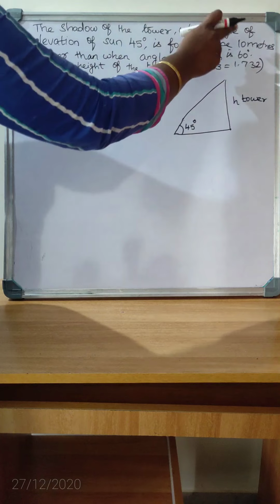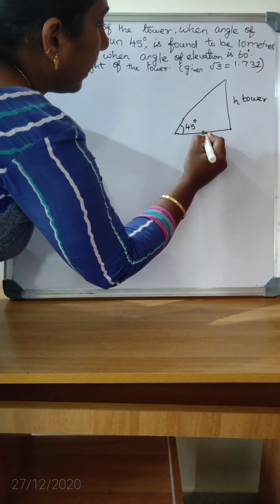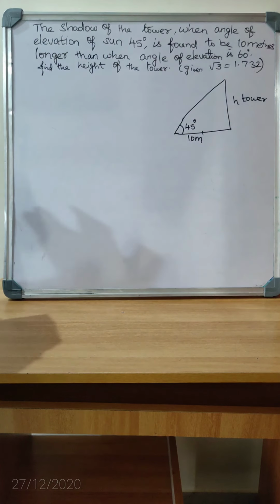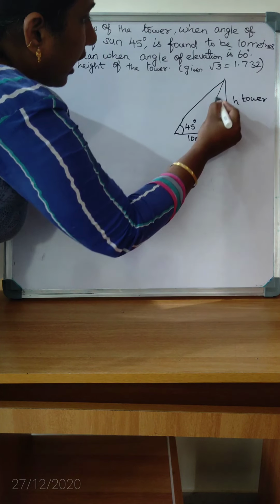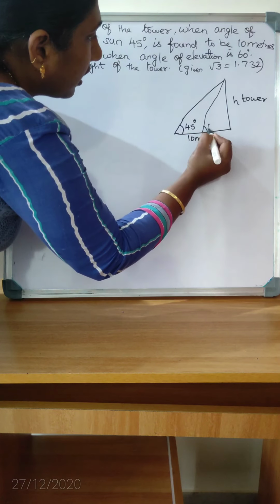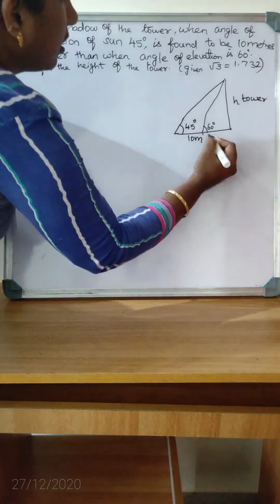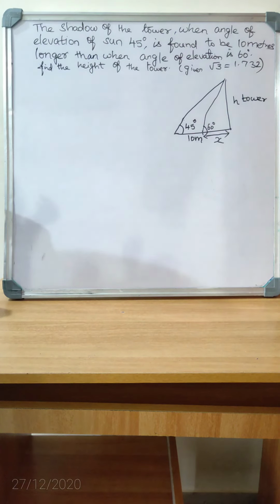The shadow of the tower when the angle of elevation of the sun is 45 degrees is found to be 10 meters longer than when the angle of elevation is 60 degrees. So when you move 10 meters, your angle of elevation becomes 60 degrees. This distance they didn't give, so we can take it as x.